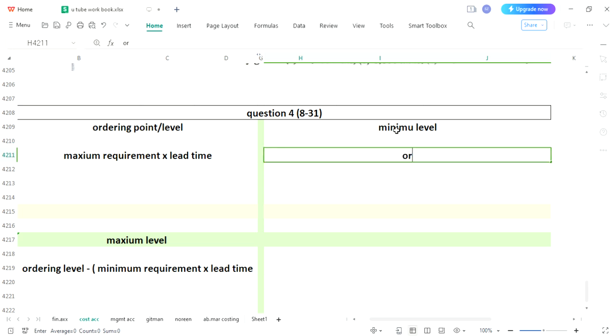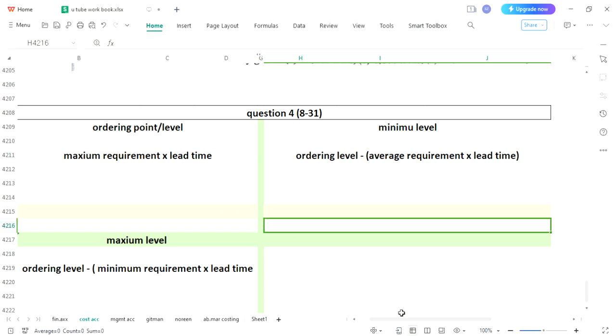For this, ordering level would be needed, and ordering level has already been calculated if we are solving the question, and then we will subtract average requirement, and it would be given in the question as well, after which we will be multiplying it with lead time, and finally we will be calculating danger level.